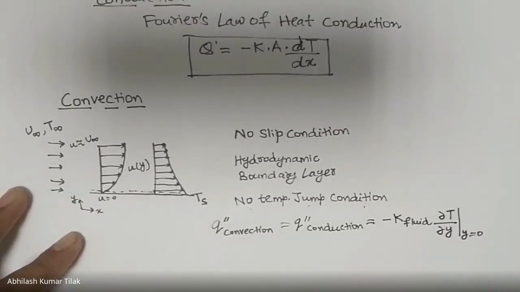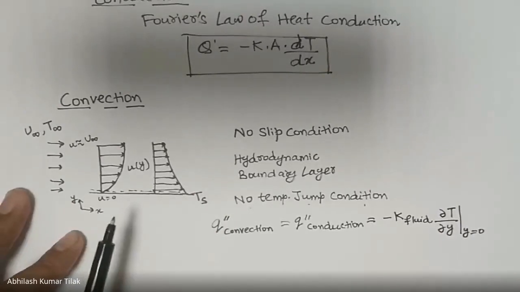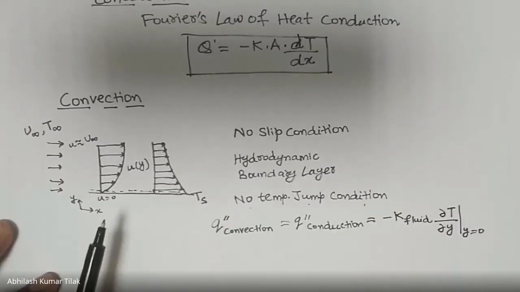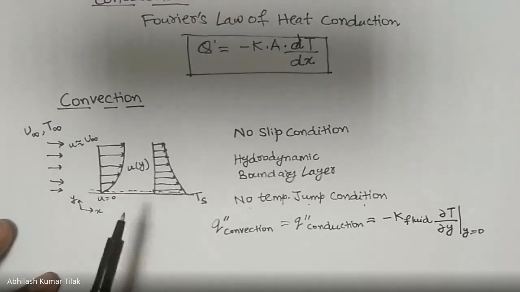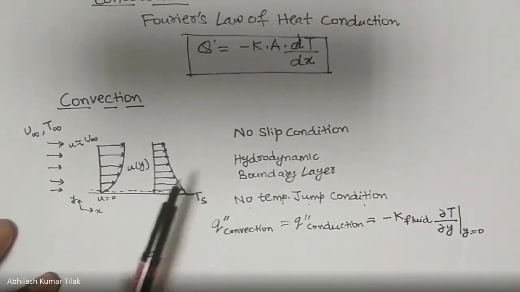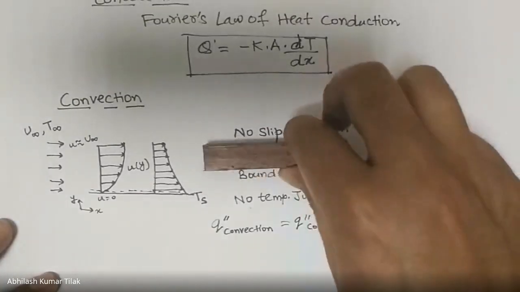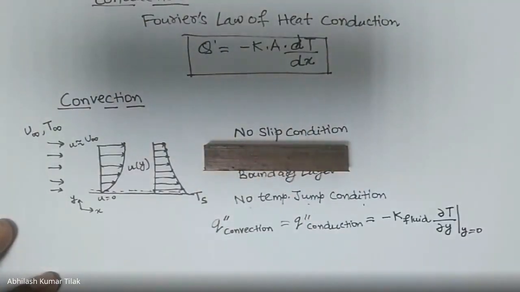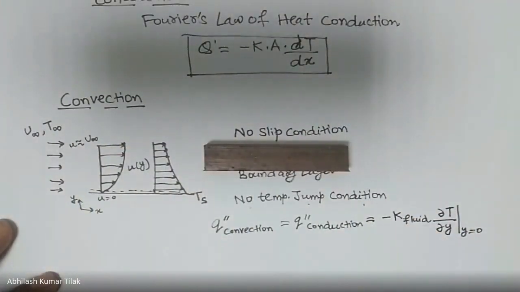Now, as a result of bulk fluid motion, which is also termed advection, the heat conducted into this layer is swept downstream and is eventually transferred to the fluid outside the boundary layer. If I give you an example, let us consider this is one of the plates and fluid is flowing over it, and one of the fluid layers sticks to the surface.